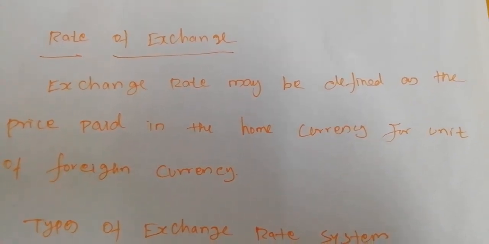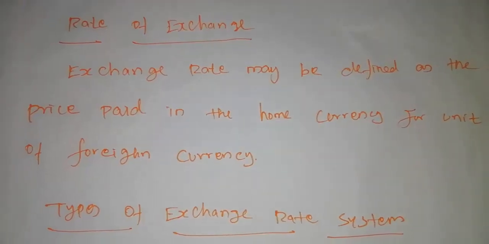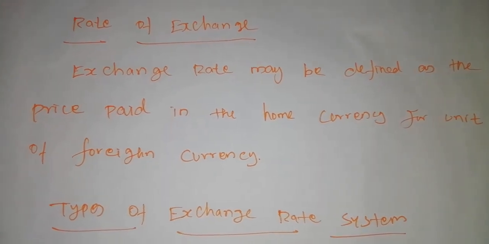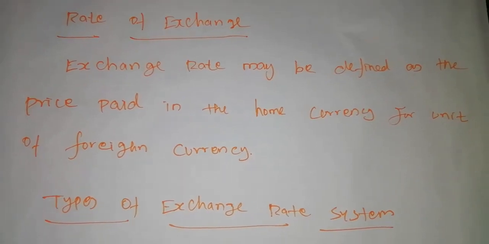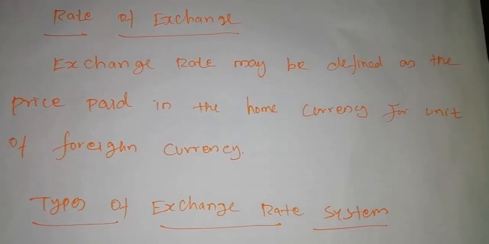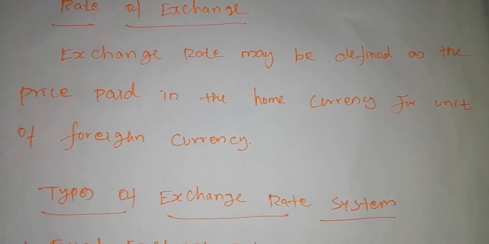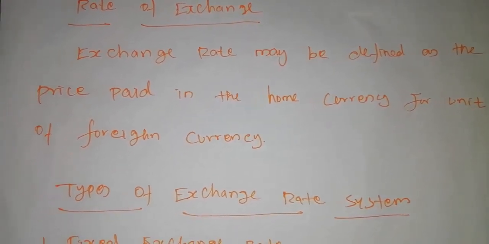For example, if one dollar is equal to 70 rupees, here $1 is equal to 70 rupees, meaning the value of the dollar is much higher than the rupee. This is the value of currencies.